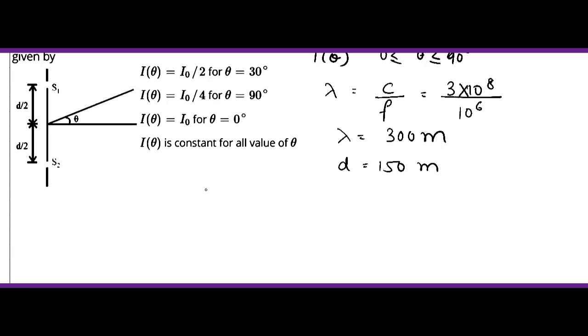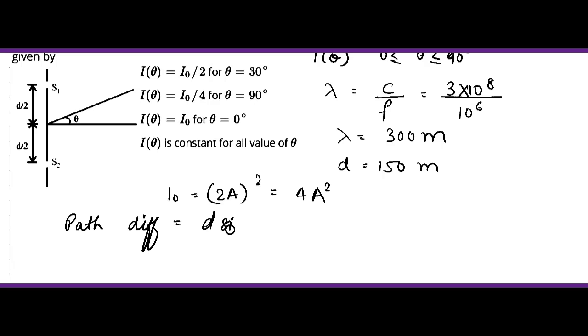I naught would be equal to (2a) square, that would be equal to 4a square, that is 4 times the amplitude square. And the path difference equals d sine theta.